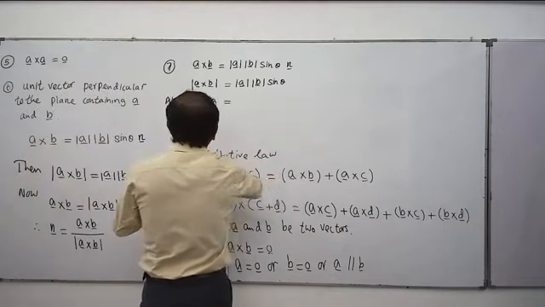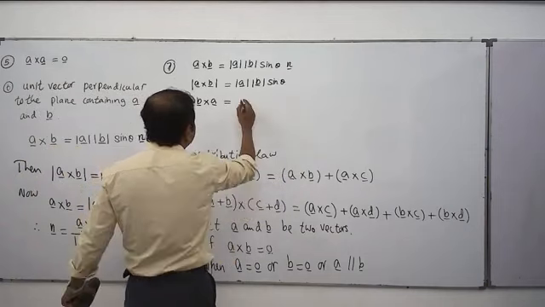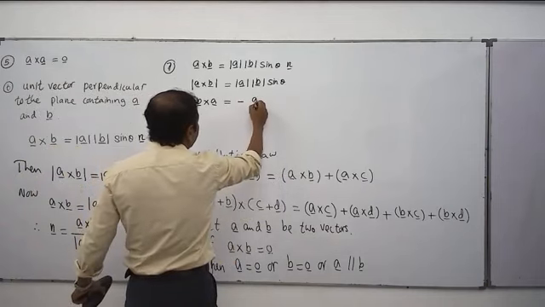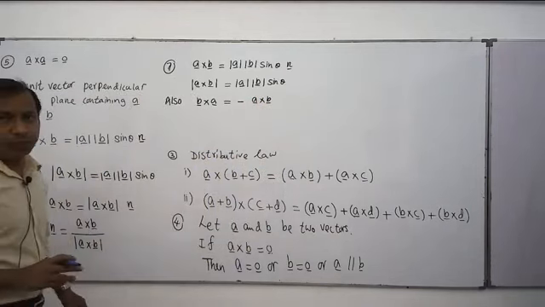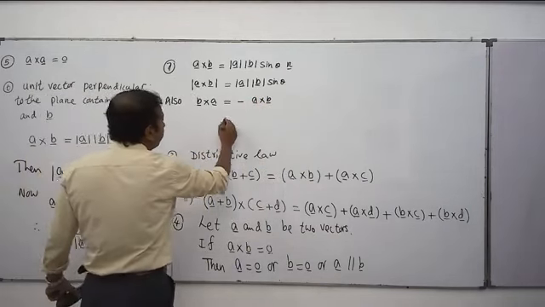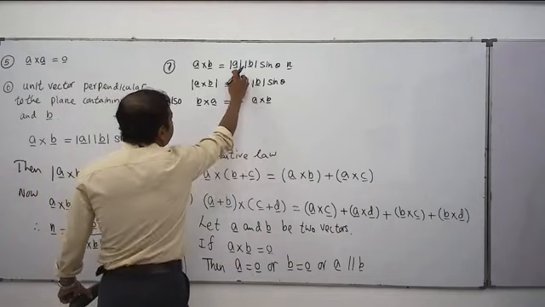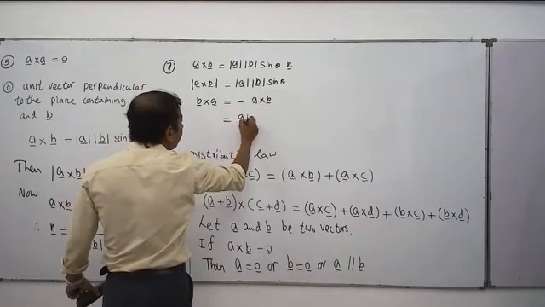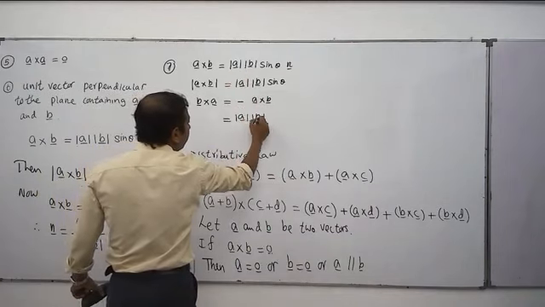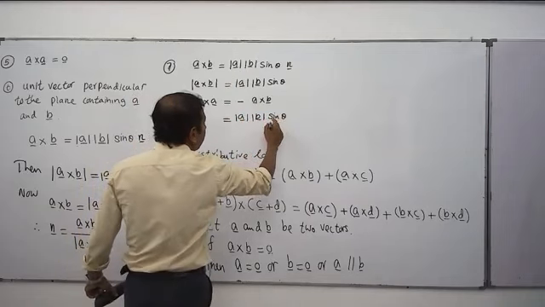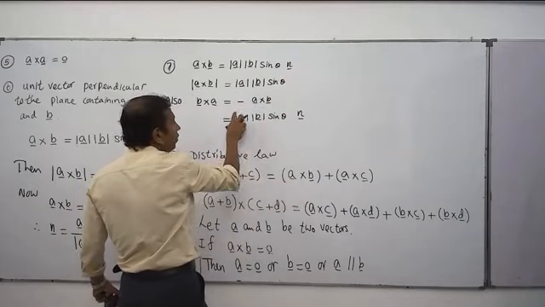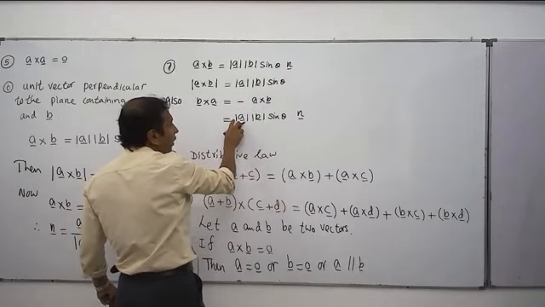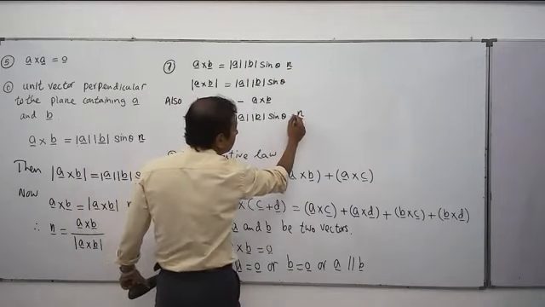Also, B cross A, we said, people, we can write as minus A cross B. Then this minus A cross B, I can write A cross B is this, no? Mod A, mod B, sine theta n. This minus sign should be here. That minus sign I take, people, with this n like this.